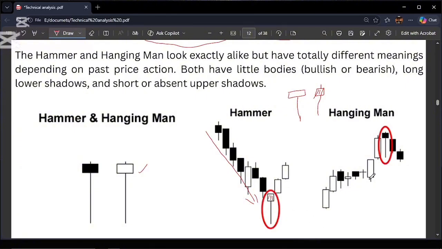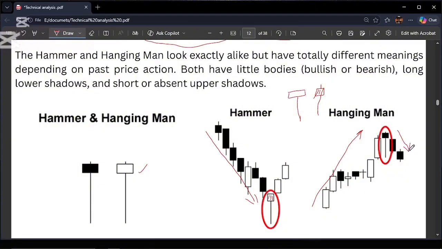But if it's an uptrend and the prices are moving up and eventually we find this, then this is a hanging man. And when you see such a candlestick, just know that you shouldn't continue buying, but wait and see if prices will turn, because this candlestick shows that buyers and sellers are now fighting aggressively, and a possible reversal might occur.